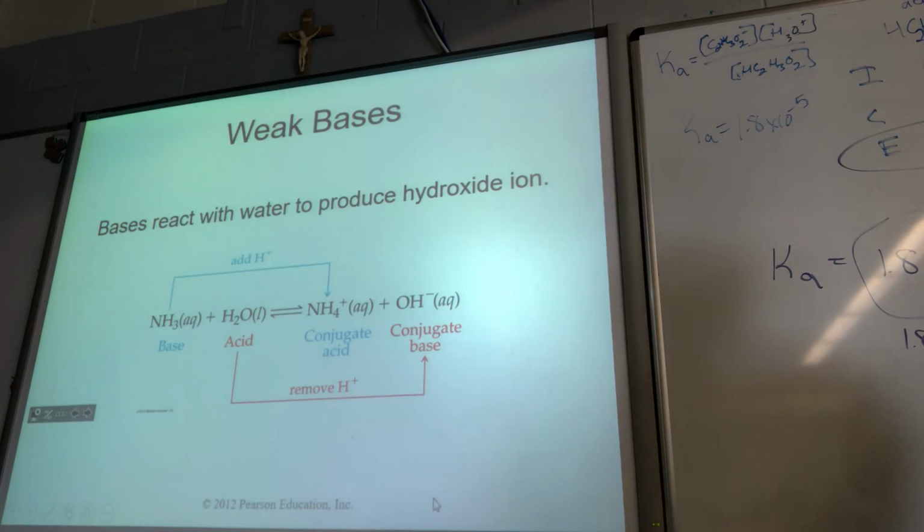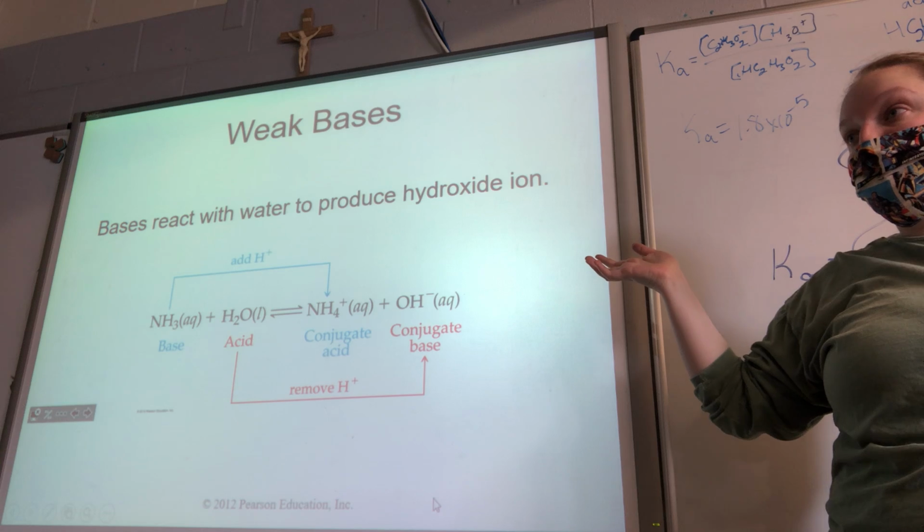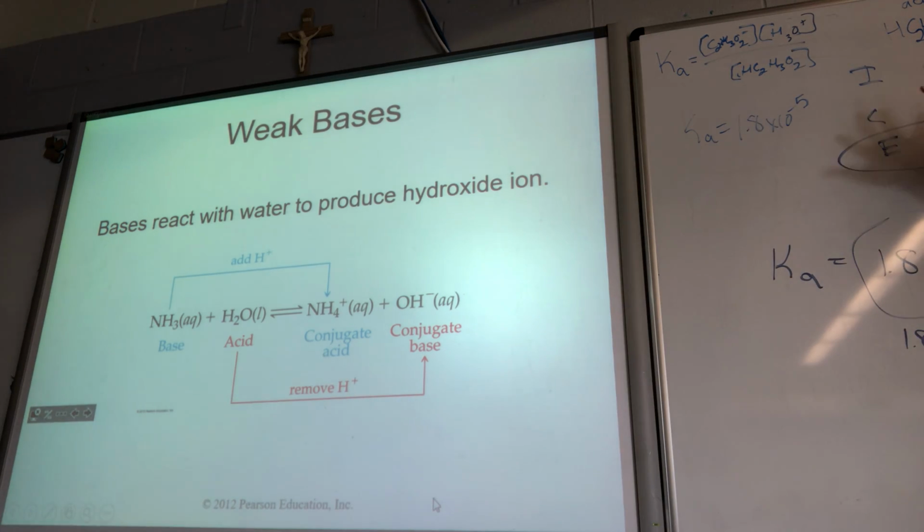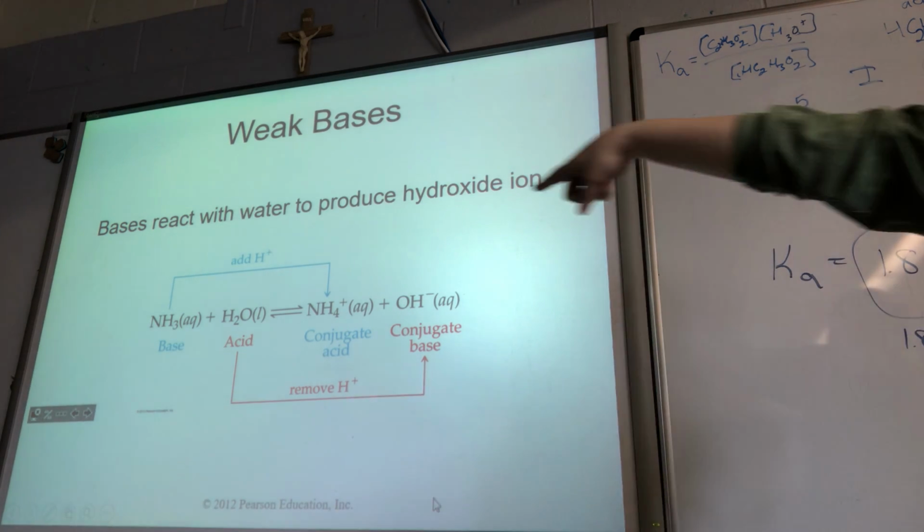Now, when we measure pHs, pOHs, we want concentration of either H or OH. This particular reaction does have OH in it, right? So we can use that same information we were talking about with acids on weak bases as well. We can do equilibrium kinetics on weak bases, is what we're saying.